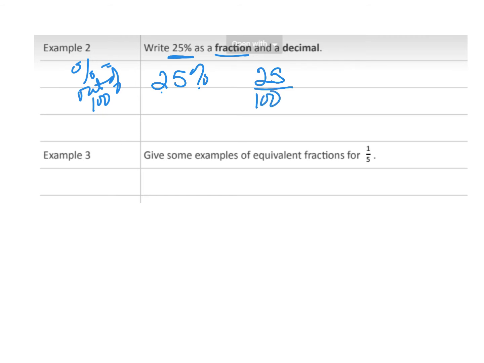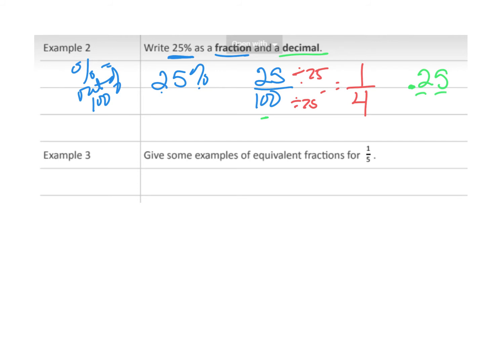But I want you to simplify it. I want it in lowest terms. I can divide both by 25, which is going to get us 1/4. As a decimal, again, this is out of 100, 25 hundredths. So that would be 0.25.